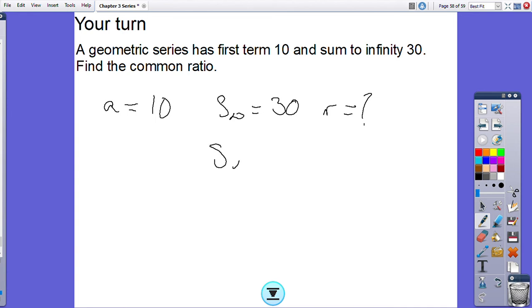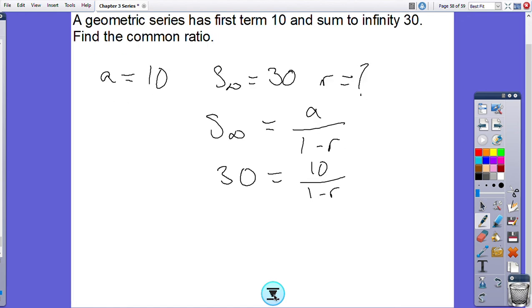The sum to infinity is a over 1 minus r, so you have 30 equals 10 over 1 minus r. So we need to rearrange this now.